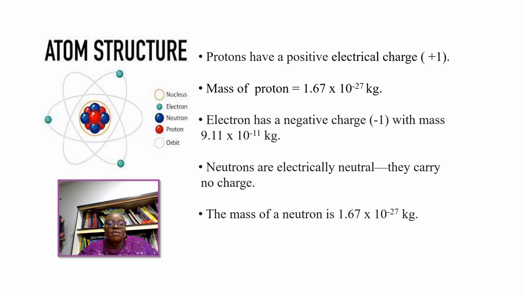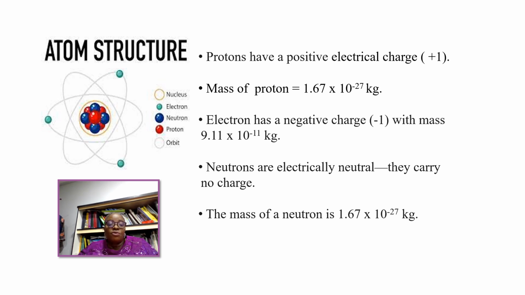We also have the electron, represented as that green ball there. It has a negative charge, a charge of -1. Electrons are found in the atomic structure, and it has a mass of 9.11 times 10 raised to the power minus 11 kilograms.